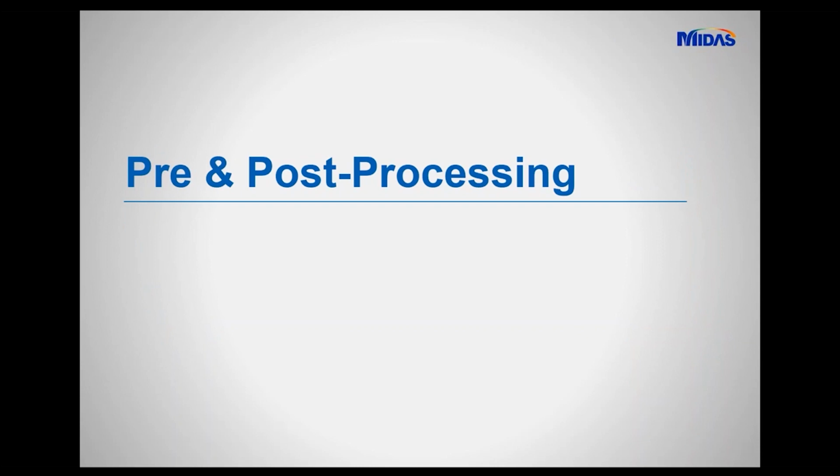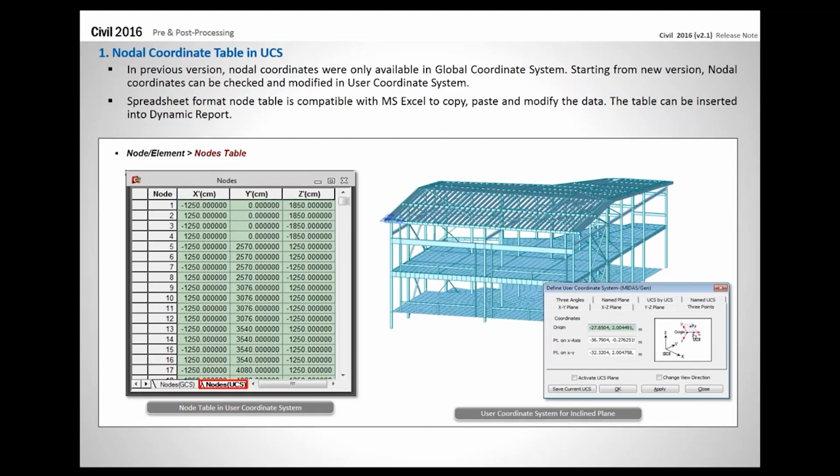Now I would like to jump to the second portion of the webinar, the release webinar, which is pre-post processing updates. Previously, the nodal coordinate table was already in the program, but it was always giving the nodal coordinates with respect to the global coordinate system, even though you defined a user coordinate system.